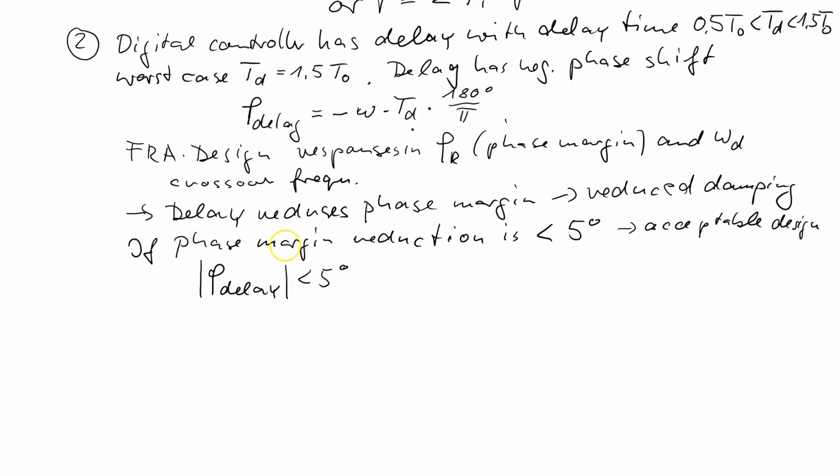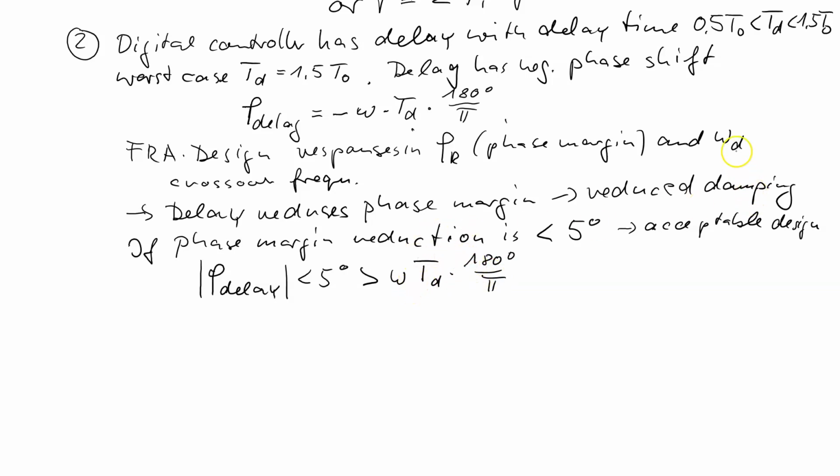We ignore the negative sign. So this should be smaller than omega times delay time times 180 divided by pi.